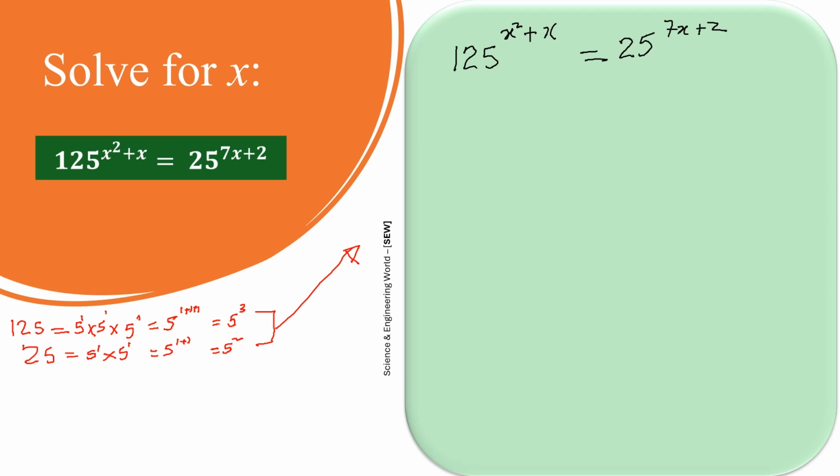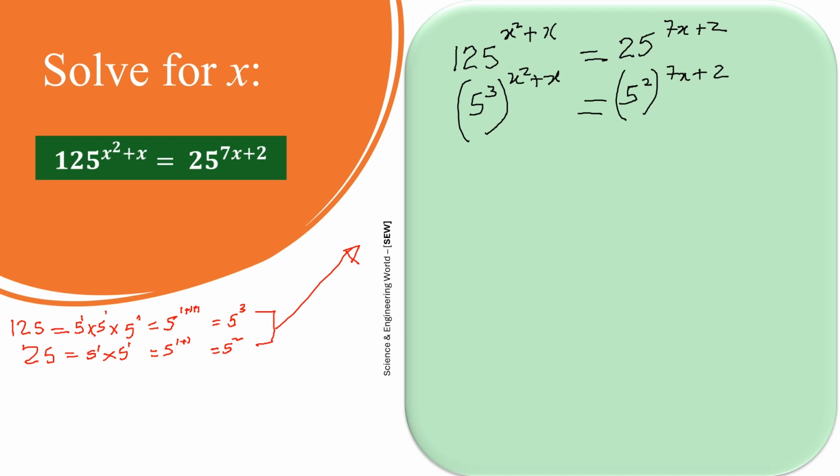We can rewrite the expression by putting, instead of 125, 5 cubed, in brackets to the power x squared plus x, and for 25 we have 5 squared, in brackets to the power 7x plus 2.